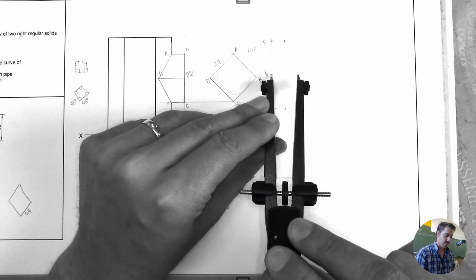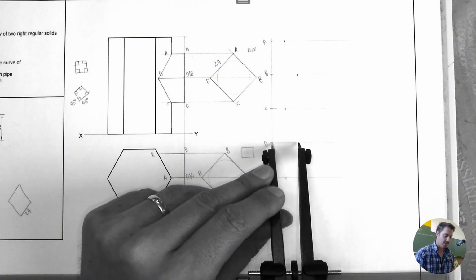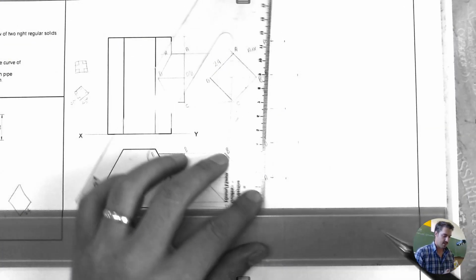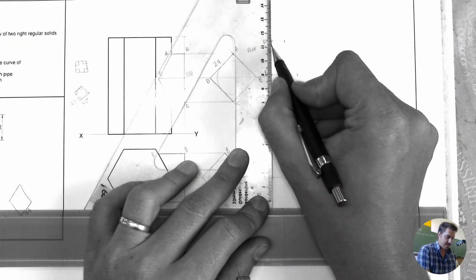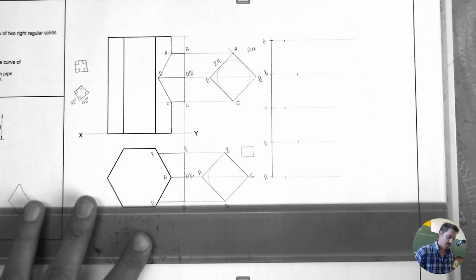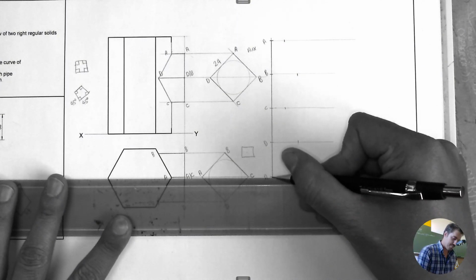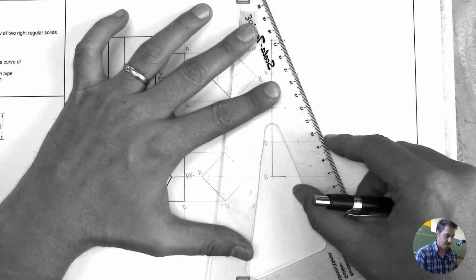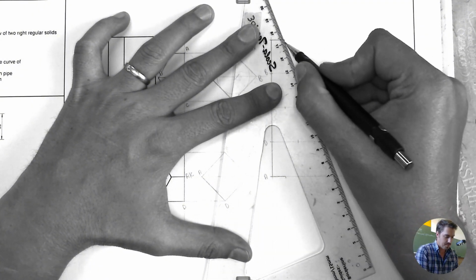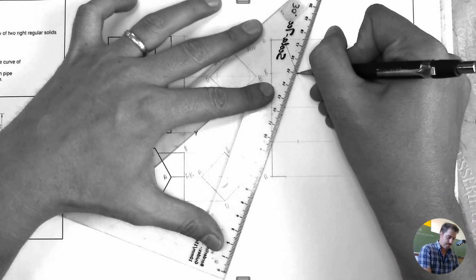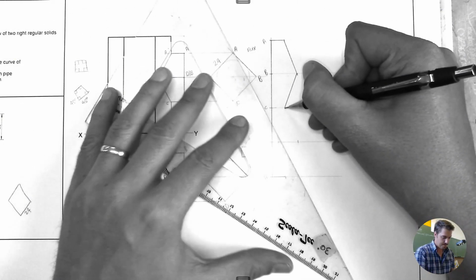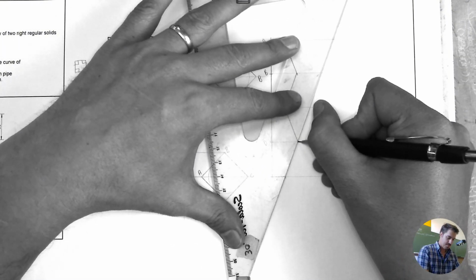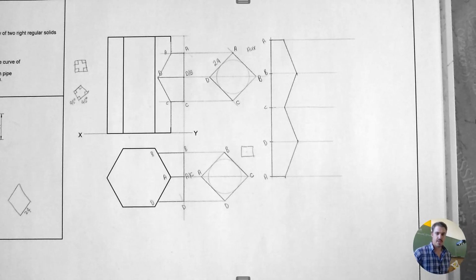So this would be on point B, this would be on point D. So once you have all those points, you can start your A quality with a base, bring these lines up, and then you can start connecting them. Alright, so that is the development.